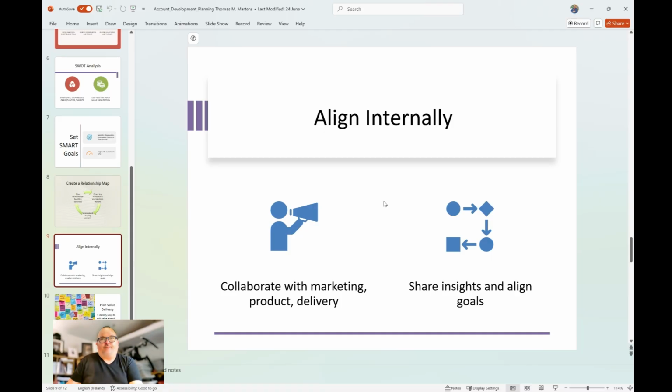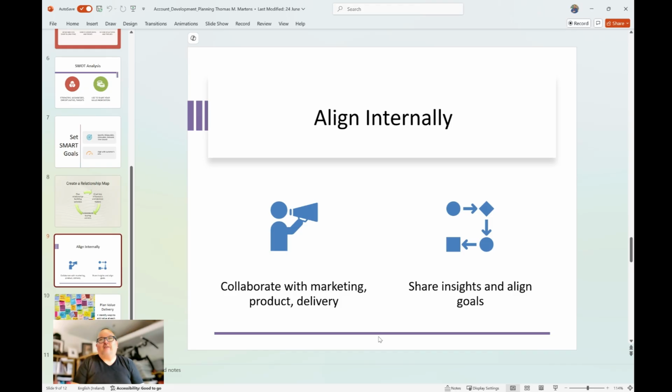Align internally. Collaborate with marketing, product, and delivery. As I mentioned before, align with marketing to make a punctual marketing campaign especially for the customer, targeting the special persons who are the decision makers, for example with certain products and how quickly we can deliver them.